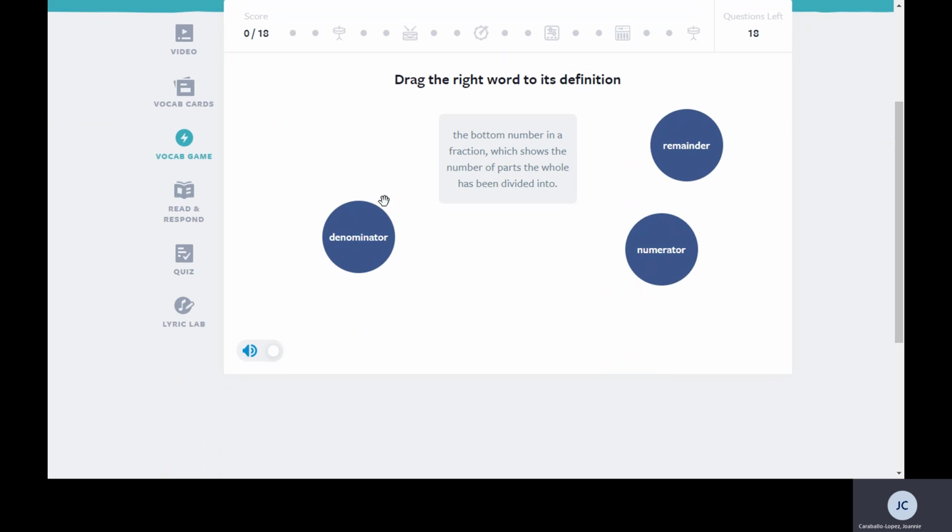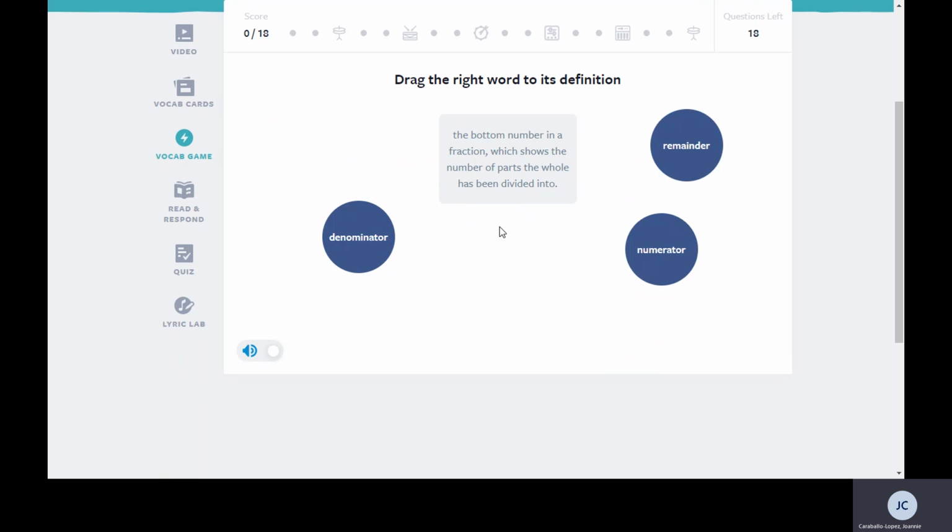All right, rapidito. So somebody from this group right here, drag the right word to its definition. The bottom number in a fraction, which shows the number of parts the whole has been divided into. El número en una fracción que muestra las partes completas en el cual se ha dividido. All right, come on, Martín.